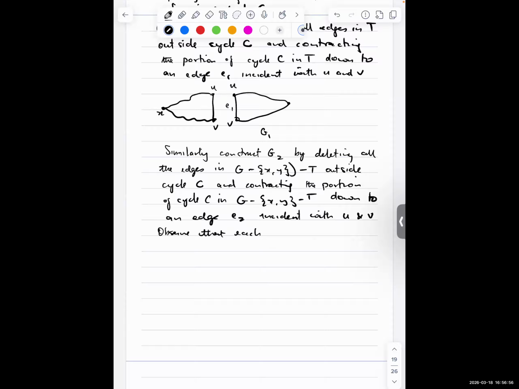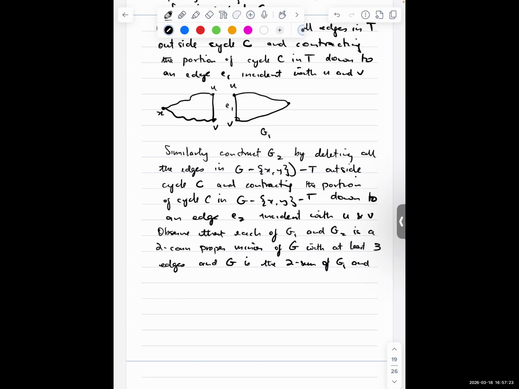Observe that each of G1 and G2 is a two-connected proper minor of G with at least 3 edges, and G is the two-sum of G1 and G2 with edges E1 and E2 identified and removed.